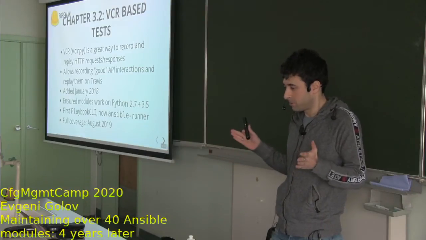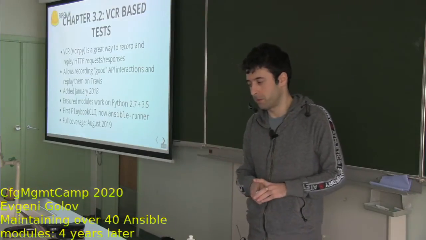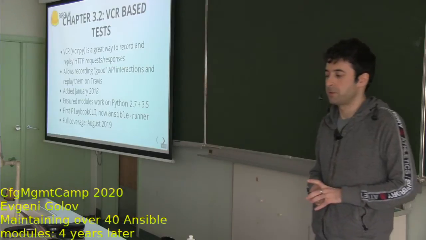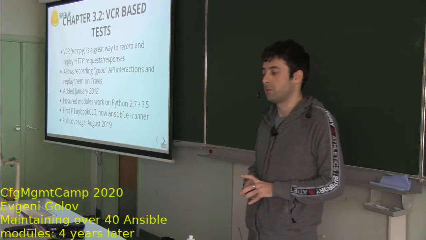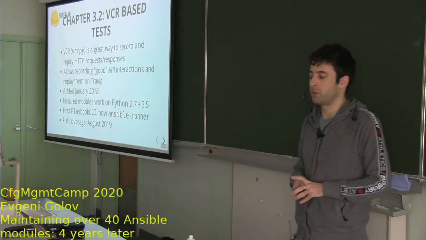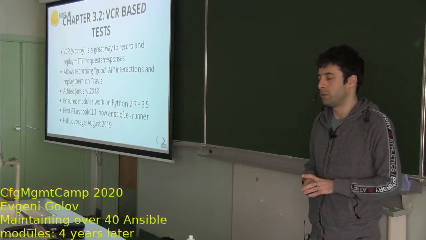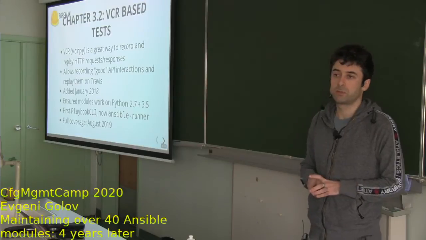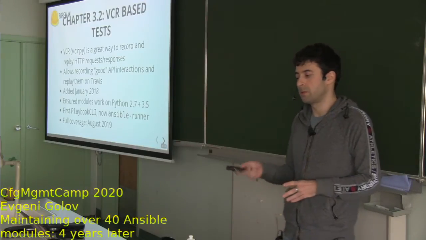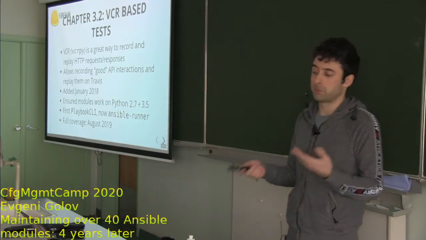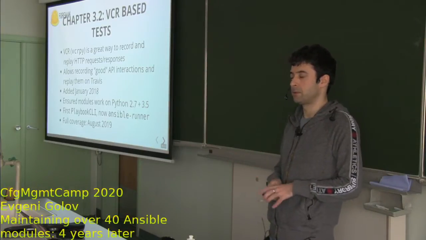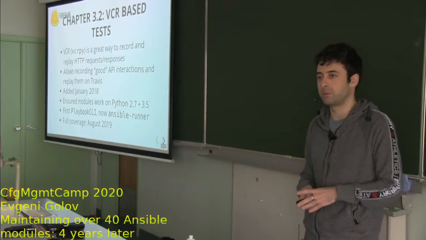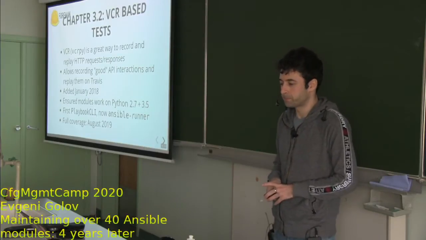It's not perfect, but it's working. And this was the first step to test our modules on multiple Python versions, because before we would only test on whatever the developer used, and now we could run it on Travis. At the beginning it was 2.7 and 3.5. Today it's everything up to 3.8, and 3.8 stuff fails, and I have to talk to you about it.